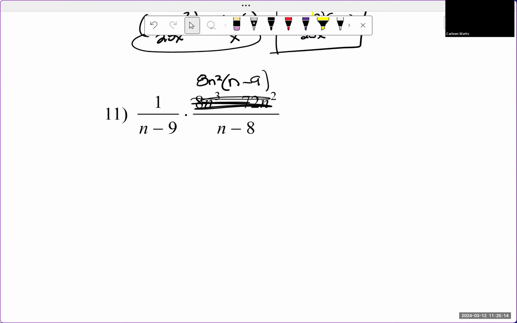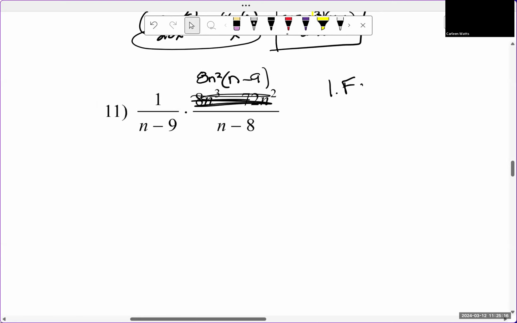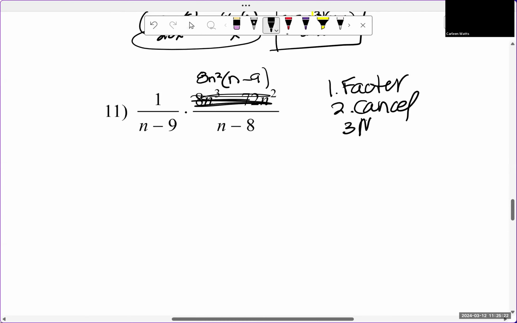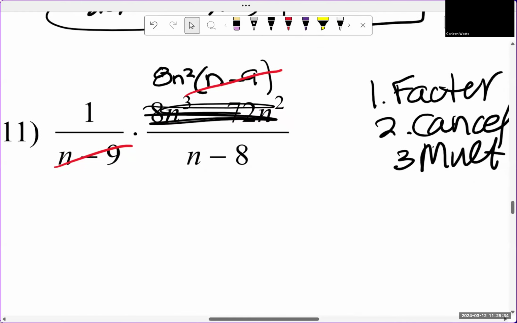Okay, so factor, cancel, and then multiply. Anything I can cancel? N minus 9, poof and poof. Okay, anything else I can cancel? Is there anything I'm tempted to cancel?